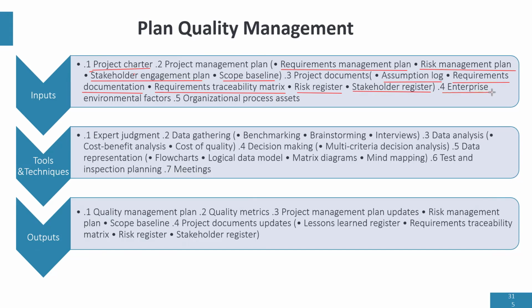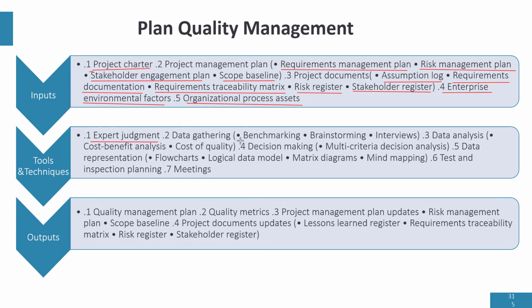Now, enterprise environmental factors refer to things like government standards. When it comes to quality, government standards are very important because based on government standards, you can draw your quality requirements. And then organizational process assets. This looks at the organization's internal quality standards and quality policies. Now, expert judgment. When we talk about expert judgment, we have several techniques.